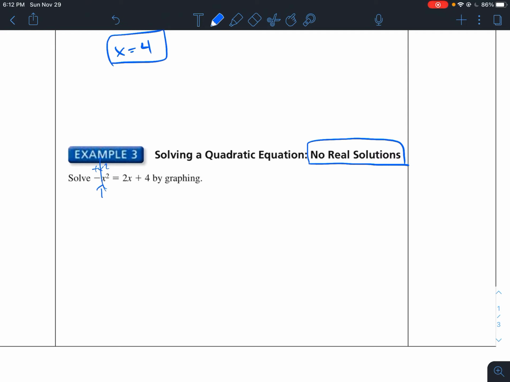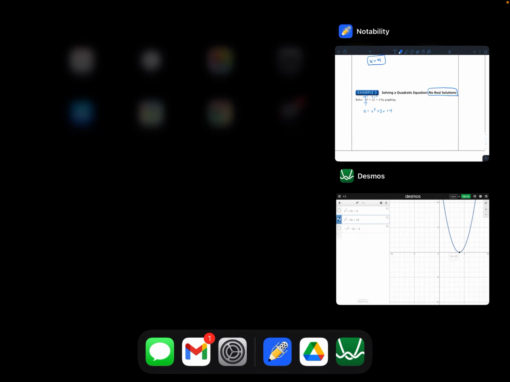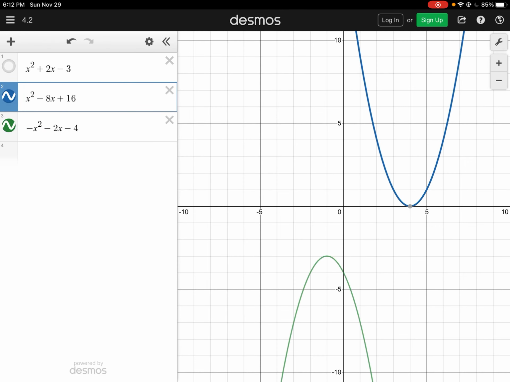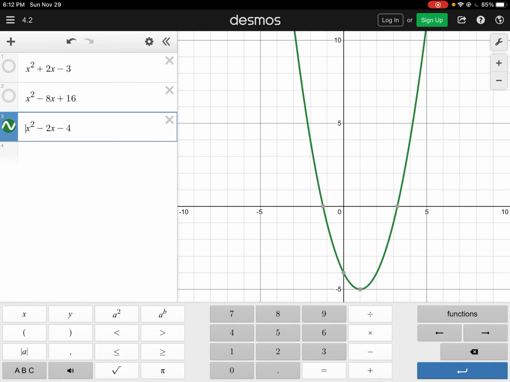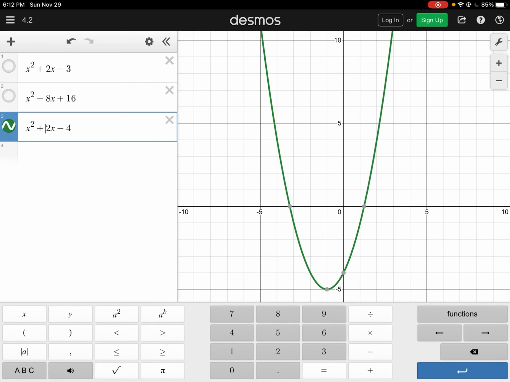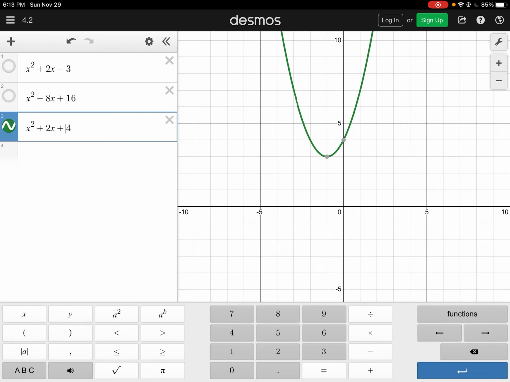So this side will be 0, and if I add an x squared over here, I get x squared plus 2x plus 4. Actually, I'm going to change this right here. So this will be plus, and this will be plus. There we go.